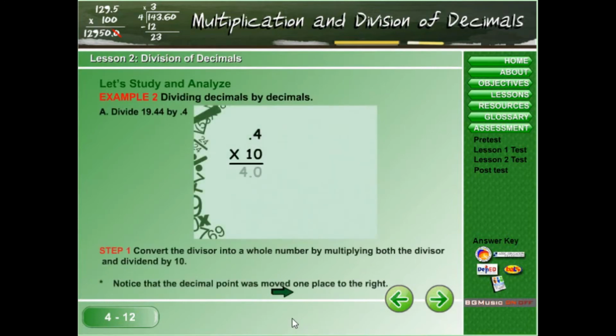Dividing decimals by decimals. A. Divide 19.44 by 0.4. Step 1. Convert the divisor into a whole number by multiplying both the divisor and dividend by 10. Notice that the decimal point was moved one place to the right.